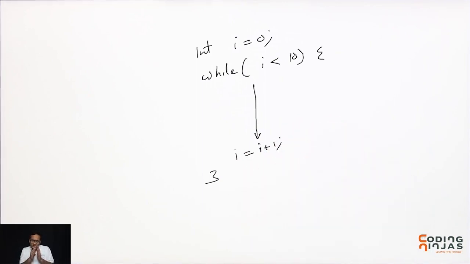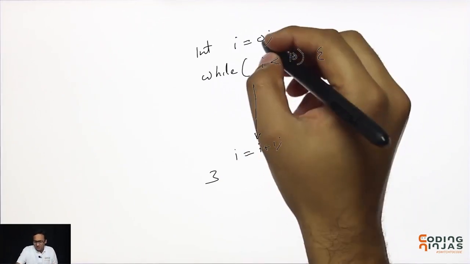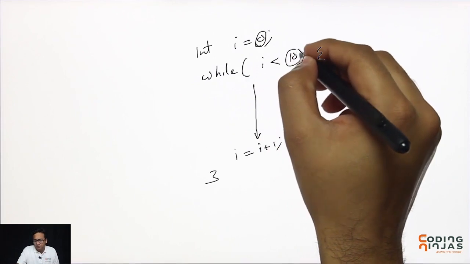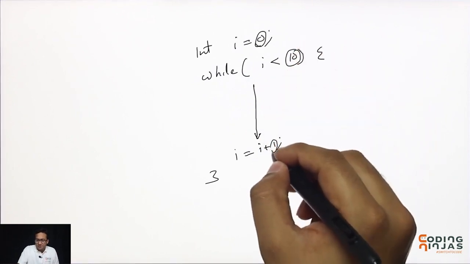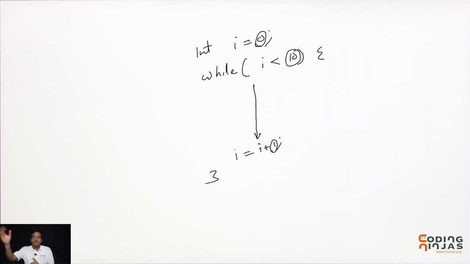Like we basically have some initial value, there is some final value where you want to reach. This is the initial value, this is the final value you want to reach, and these are the steps you want to take, how fast you want to reach there, right? Almost always it is like this: our while loop will have a starting position, we want to reach somewhere, and we want to have some step using which we'll reach there.